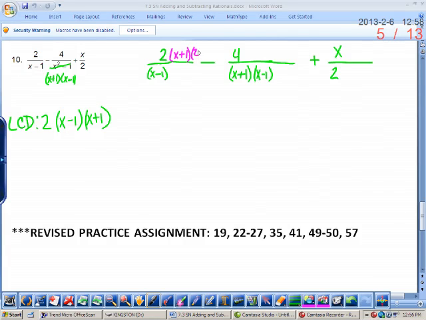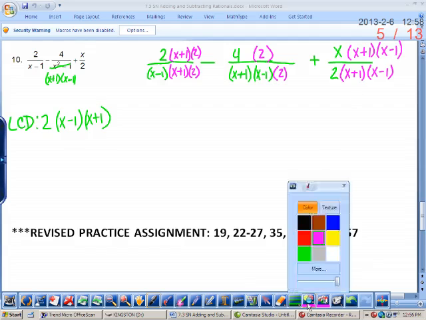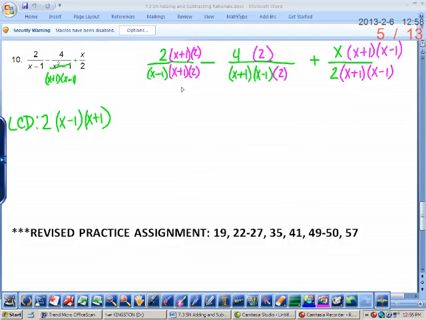Okay? All right, what are we going to have to multiply the 2 by? X plus 1 and 2. What am I going to have to multiply x plus 1 times x minus 1 by? And what about this 2? Okay, 2 times 2 is 4 times x plus 1.